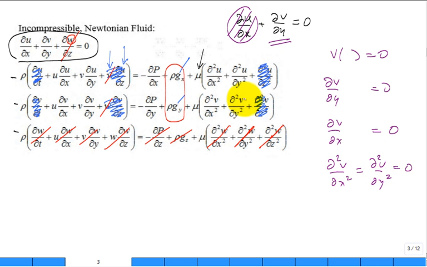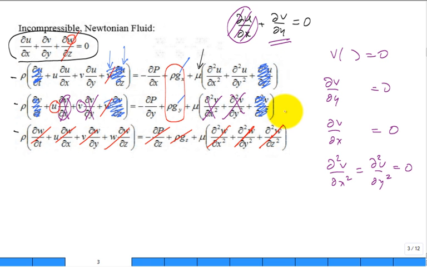So we have a lot of zeros. V with respect to y, also v is equal to 0. V with respect to x is 0. You notice these two terms are multiplied. We're not saying u is equal to 0. We're just saying the change in v with respect to x is equal to 0.